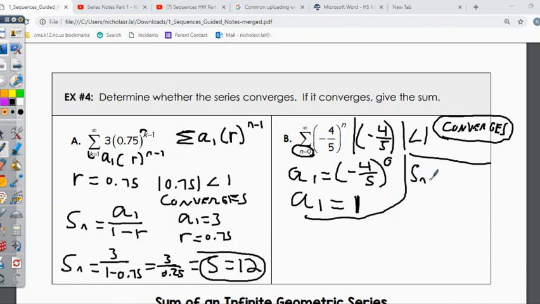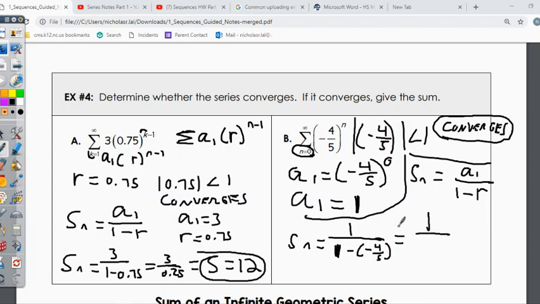Our series, Sn, is equal to A1 over 1 minus r. Which means our series is going to be equal to 1 divided by 1 minus negative 4/5. 1 minus negative 4/5 is 1 plus 4/5, which is 5/5 plus 4/5, which is 9/5.